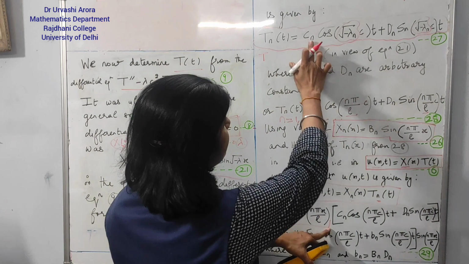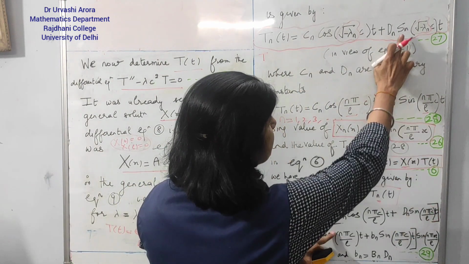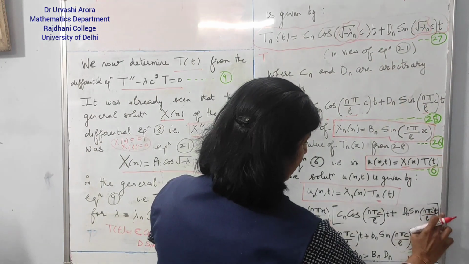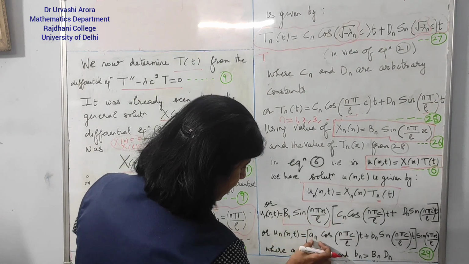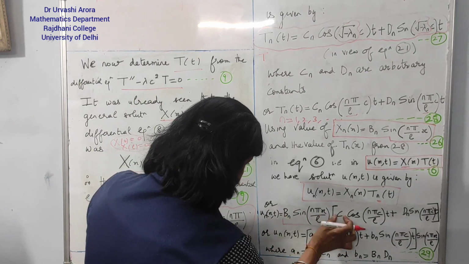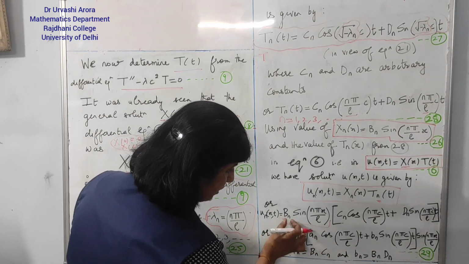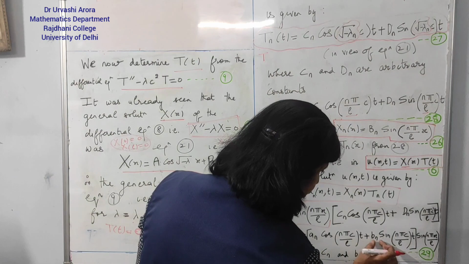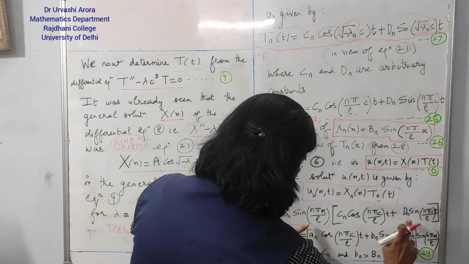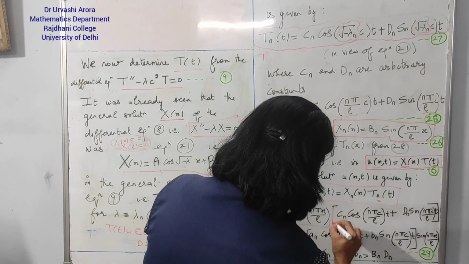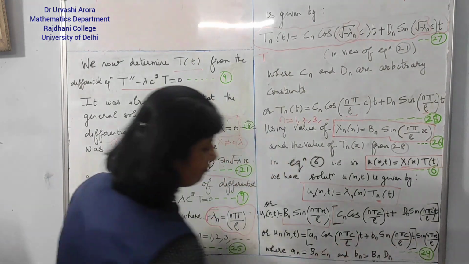The value of T_n(t) is given by Cn cos(n pi c t / l) plus Dn sin(n pi c t / l). Now, taking Bn and Cn together, multiplying Bn with Cn and calling it an arbitrary constant an, and then multiplying Bn with Dn and calling it another arbitrary constant bn. So this square bracket I have written first, and the sine term I have written in the end. This I have marked as 29.